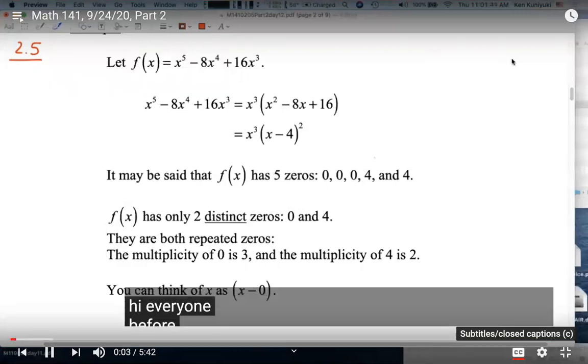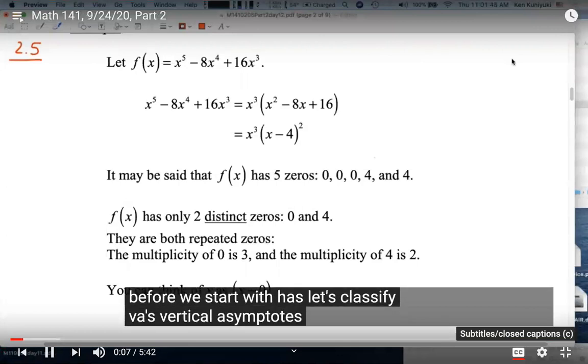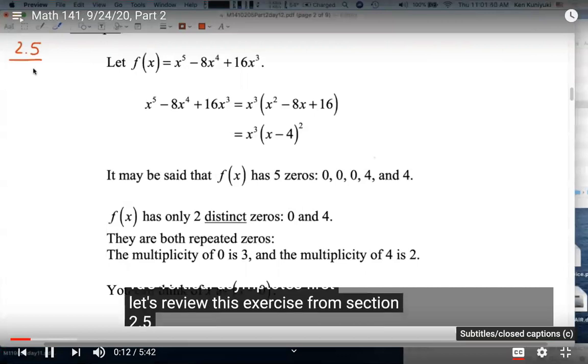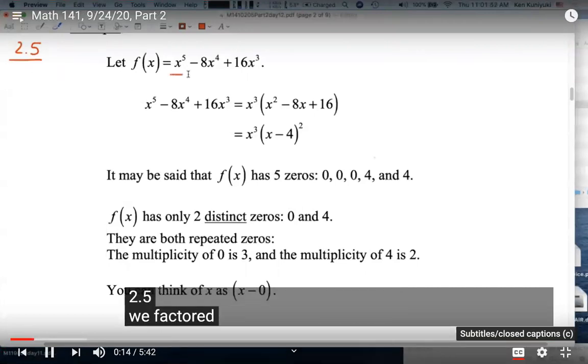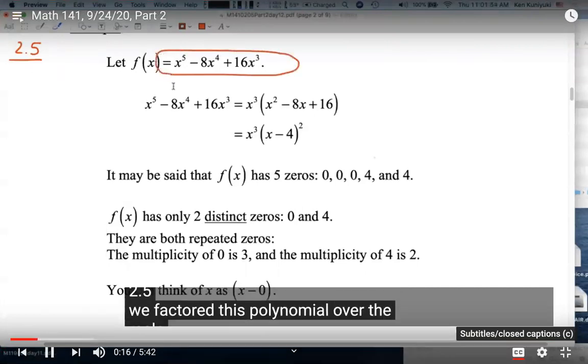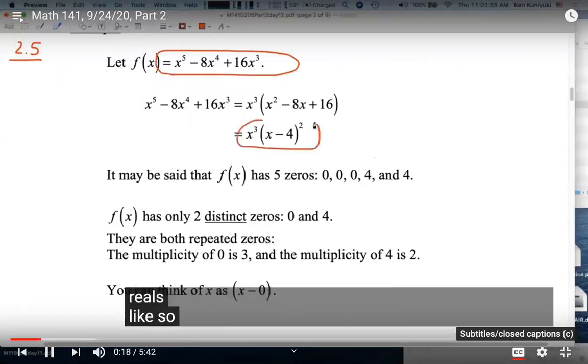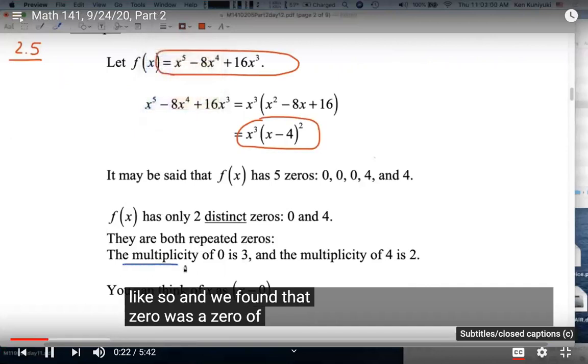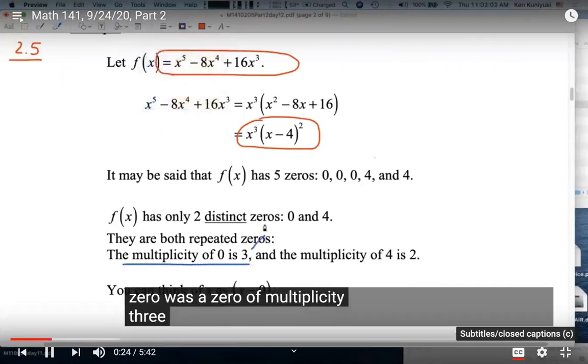Hi, everyone. Before we start with HAs, let's classify VAs, vertical asymptotes. First, let's review this exercise from section 2.5. We factored this polynomial over the reals, like so. And we found that 0 was a 0 of multiplicity 3. Look at the x cubed over here.